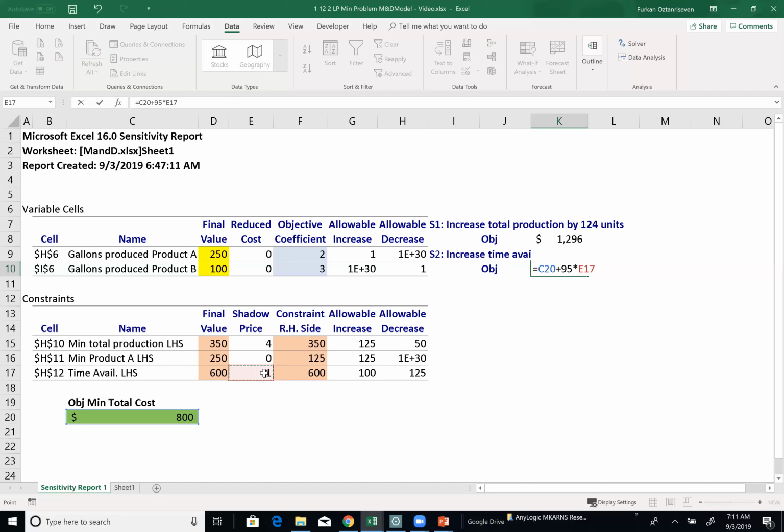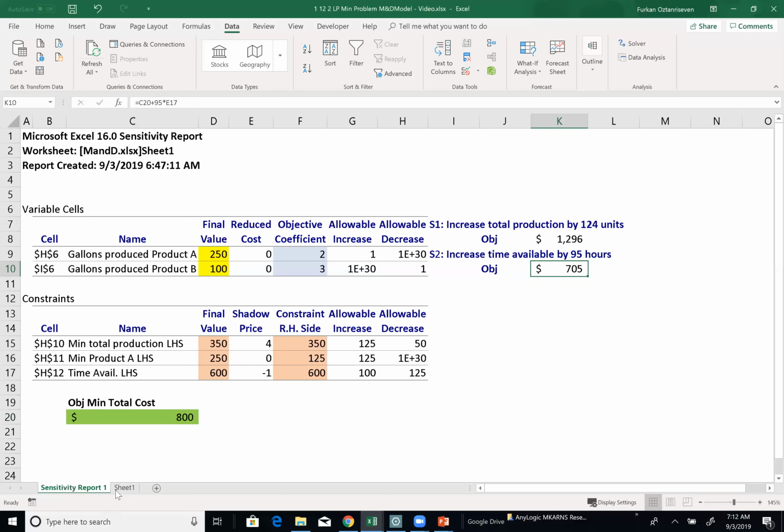Because if I have more time available, in this case 95 more hours, will it hurt my objective? Of course not. In the worst case, it won't impact at all, but possibly it will impact positively. In this case, positively meaning that it decreases my objective, which was my goal in a minimization problem. So you can see that I should have $705 instead of $800. So I should have less cost.